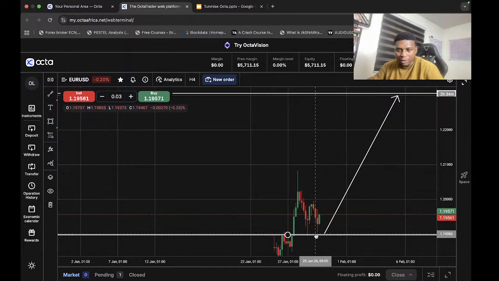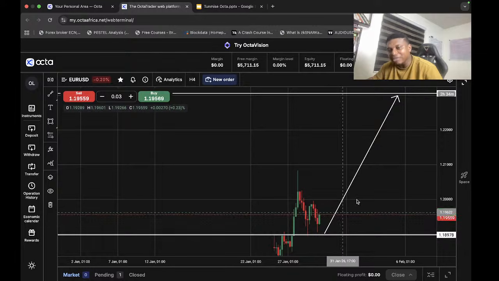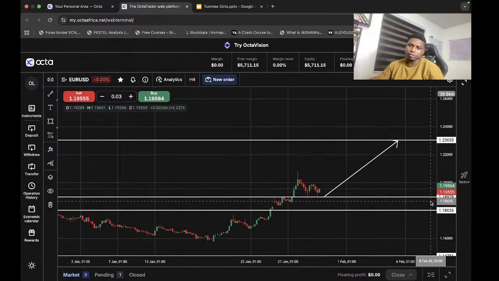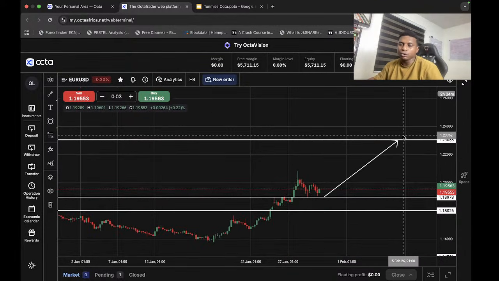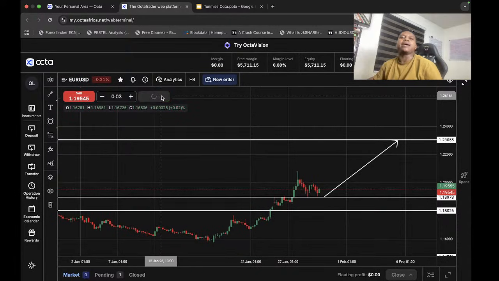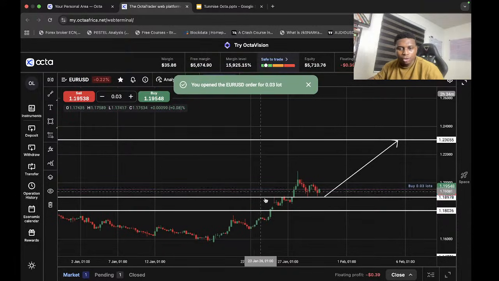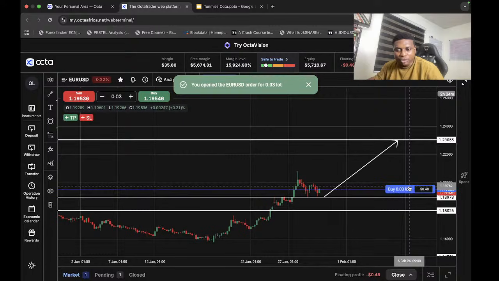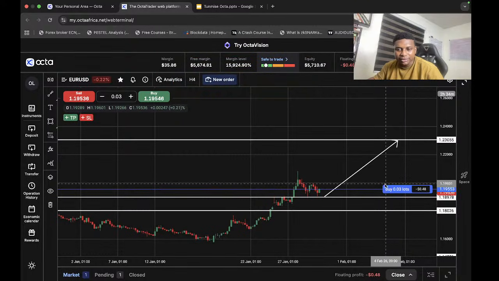So now we are optimistic that from this level price would push up to this level. So we're going to place a buy. Good. A buy position has been placed.